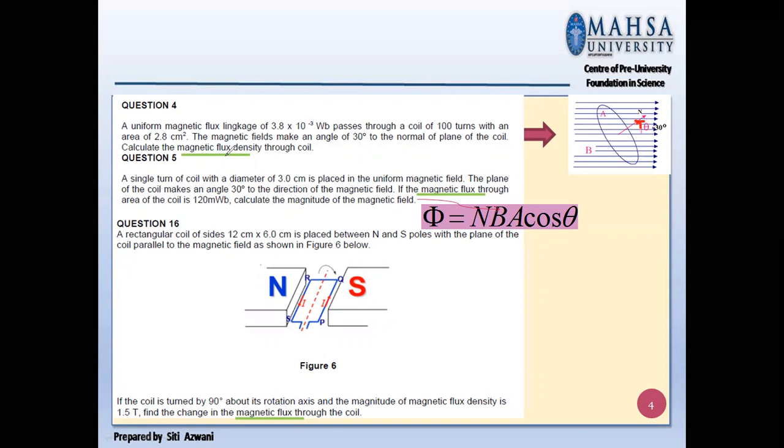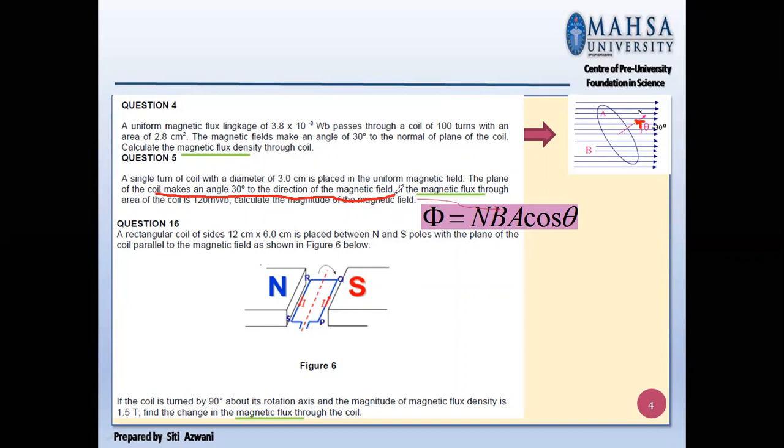Question 5. Let's do the question. Okay, you have the plane of the coil making angle 30 degrees to the direction of the magnetic field B. So you have the plane to the B direction 30 degrees.